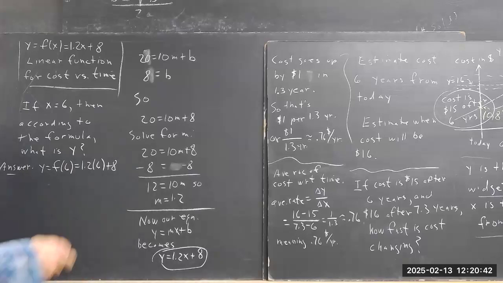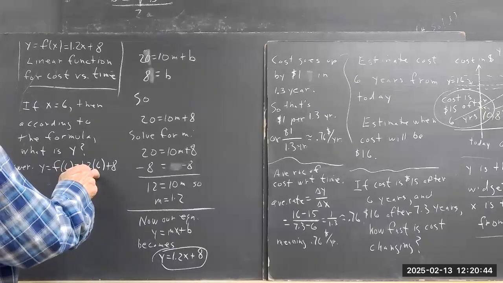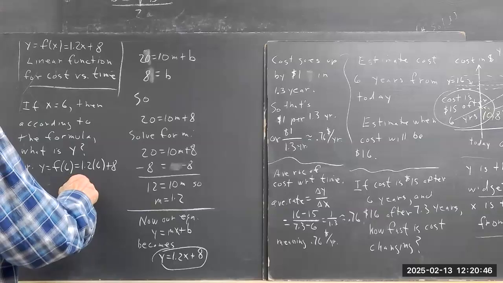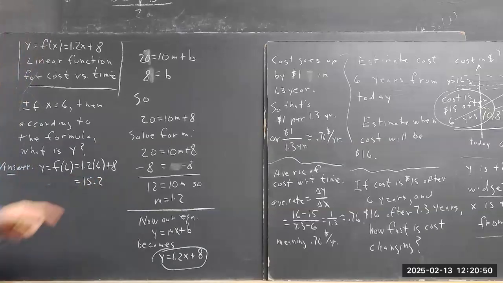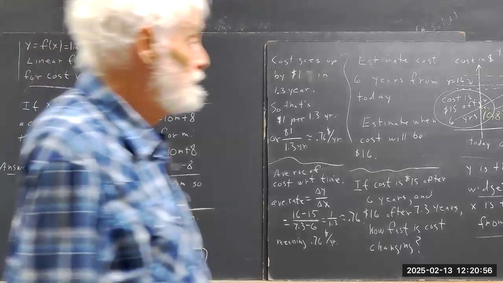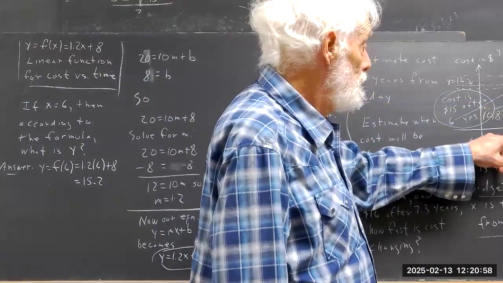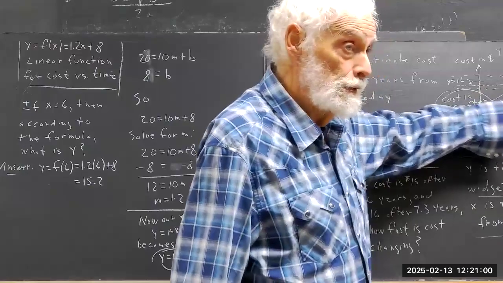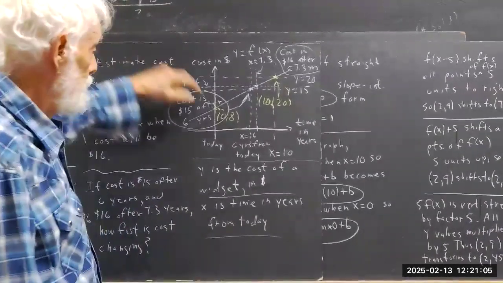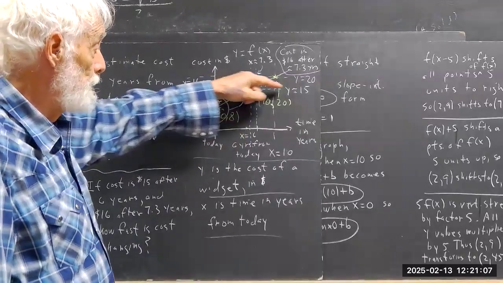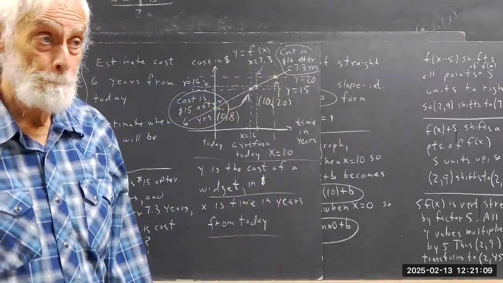Y equals f of x, which is 1.2 times 6 plus 8, which is 15.2. What was our estimate? When x is 6, you estimated it was 15, right?